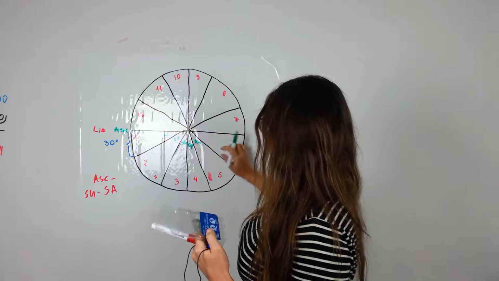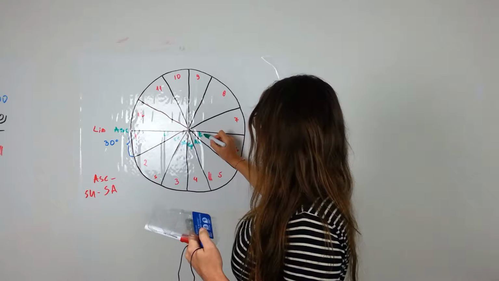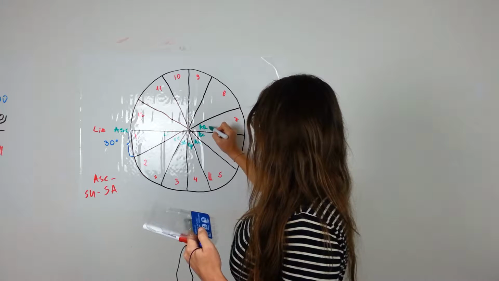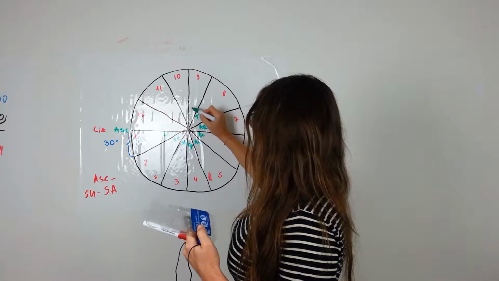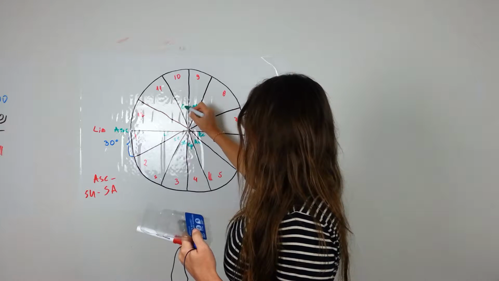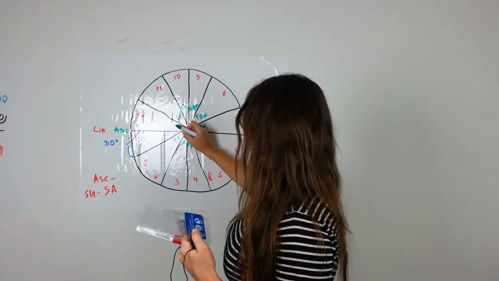Maybe they're in the corner somewhere. I'm putting them here. Pisces, Aries, Taurus, Gemini, Cancer, Leo, and Virgo.